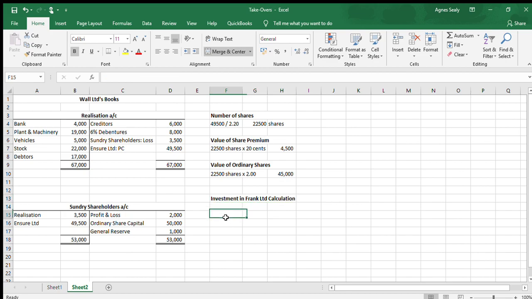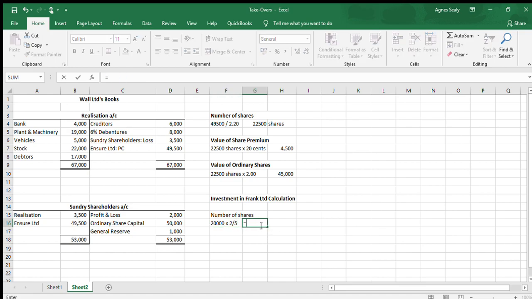So first thing you have to do is to work out the number of shares. And to calculate the number of shares, because Frank Limited has issued share capital of 20,000 shares of $1 each, it is $20,000, and that is going to be multiplied by 2 on 5. 2 divided by 5 to get the number of shares.